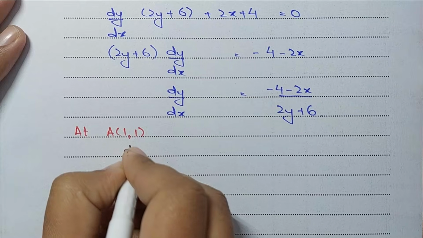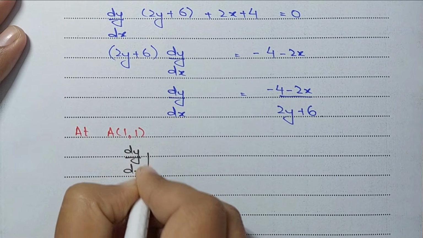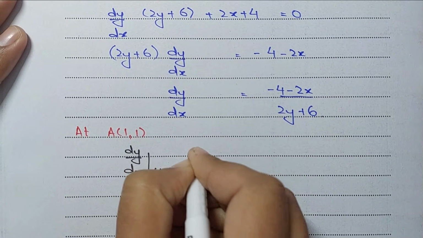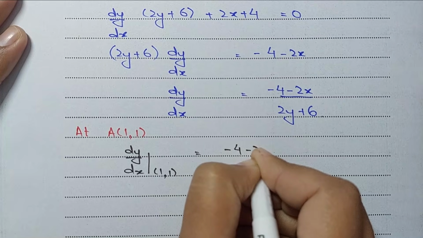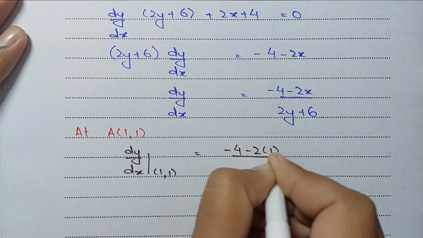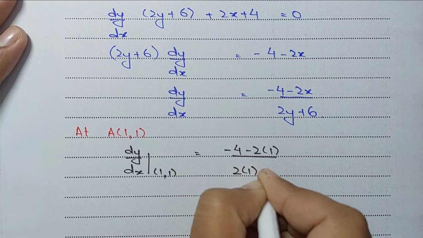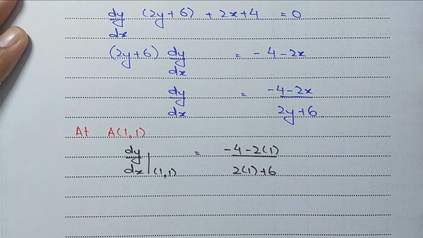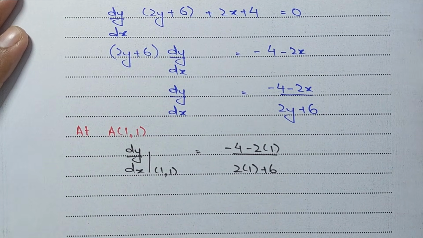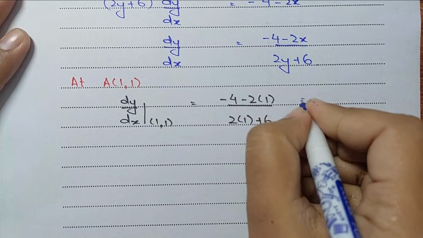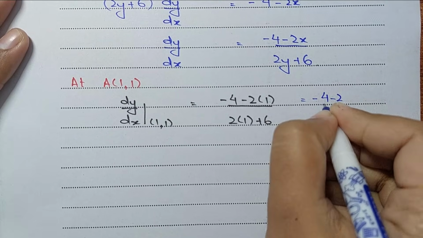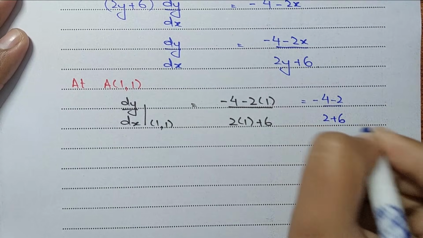Okay, so dy over dx at 1, 1 is minus 4 minus 2 into 1 over 2 into 1 plus 6. So this becomes minus 4 minus 2 over 2 plus 6.